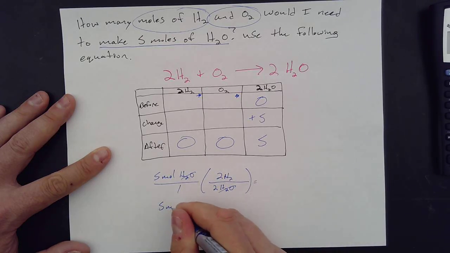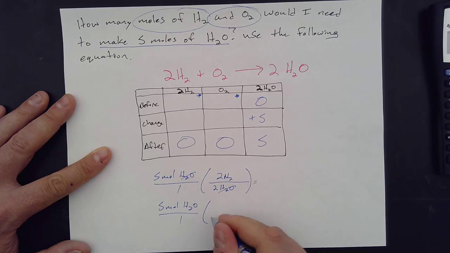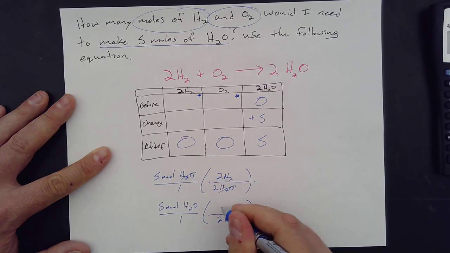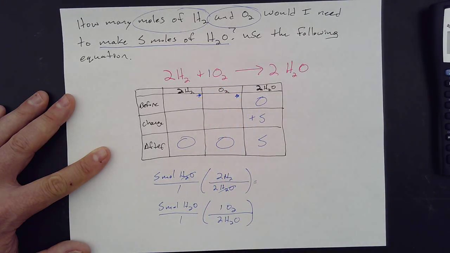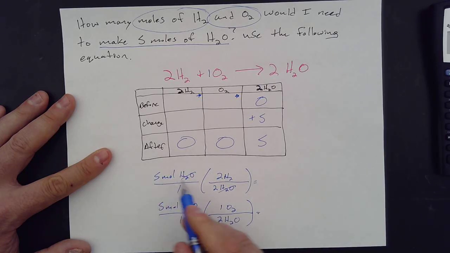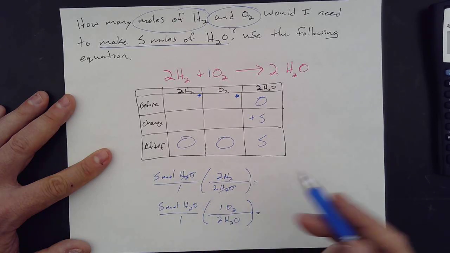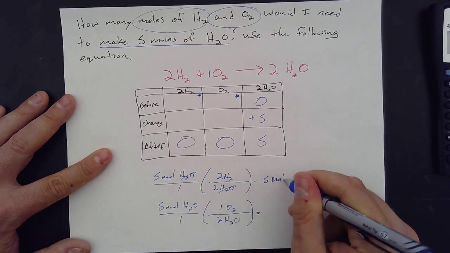For every 5 moles of H2O, I'm going to look at this. Well, my relationship is for every 2 H2Os, I have 1 O2, because it's implied that there's a 1 here, because there's nothing in front. So 5 times 2 divided by 2. So 5 times 2 is 10, divided by 2 is 5 still. So we got 5 moles of H2.